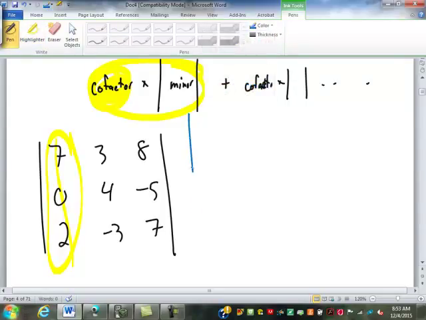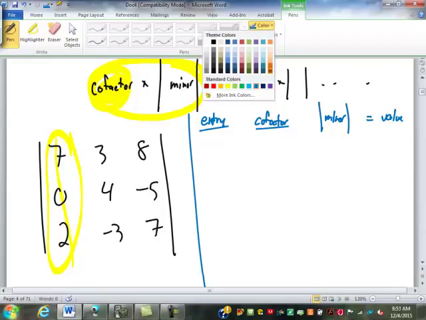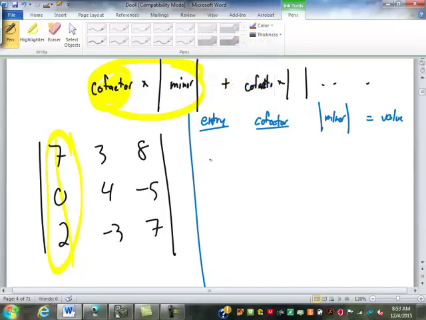So over here, we're going to make a little table: the entry, its cofactor, and the determinant of its minor. And then we're going to get a value here. So the first entry in that column is 7.